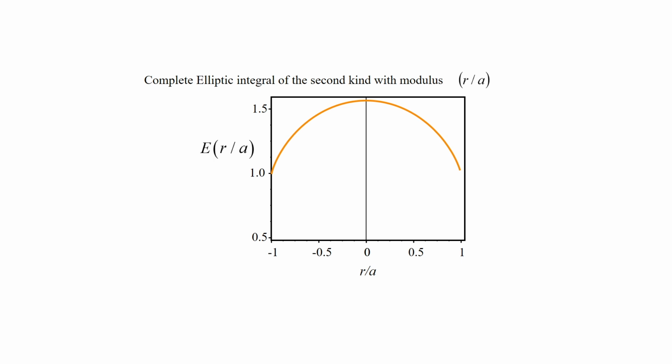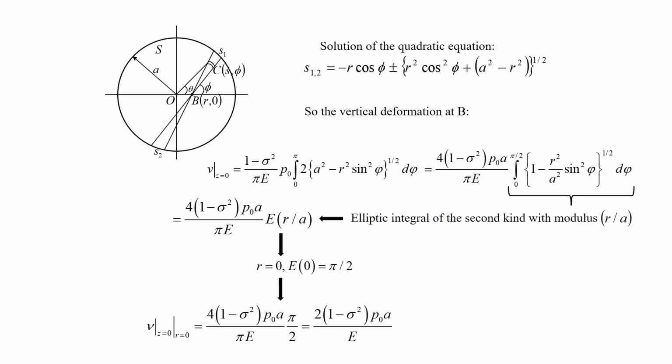And one gets the elliptic integral something like this. So, at r by a equal to 1, or r equal to a, that means its modulus is equal to 1, this value is 1, and at 0 this is pi by 2. So, therefore, one can get here the integration being done between 0 to pi by 2.